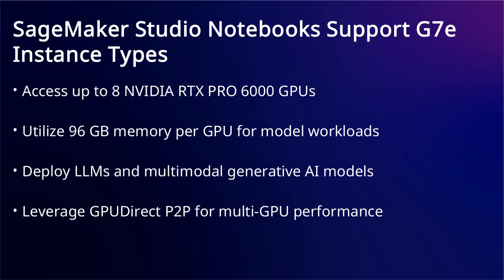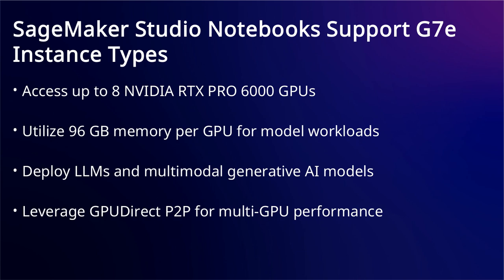You can deploy large language models, agentic AI models, multimodal generative AI models, and physical AI models with up to 192 vCPUs and 1,600 gigabits per second EFA networking bandwidth. Multi-GPU instances also support GPUDirect RDMA with EFAv4 and EC2 UltraClusters to reduce latency for small-scale multi-node workloads.